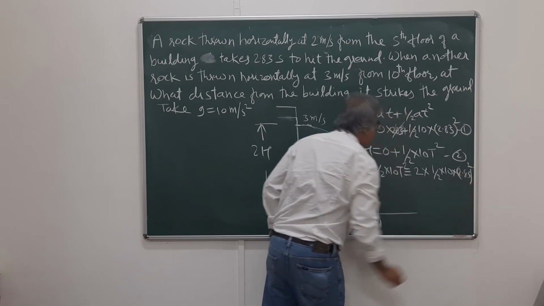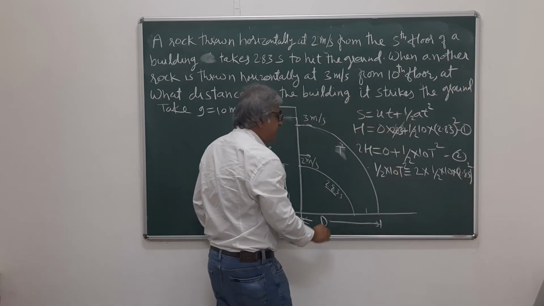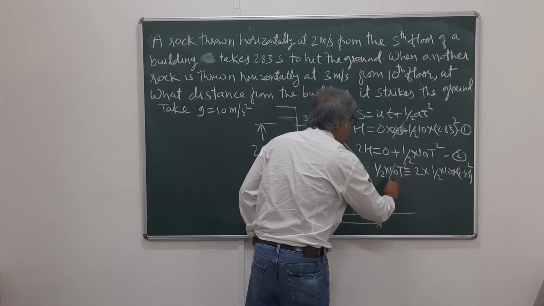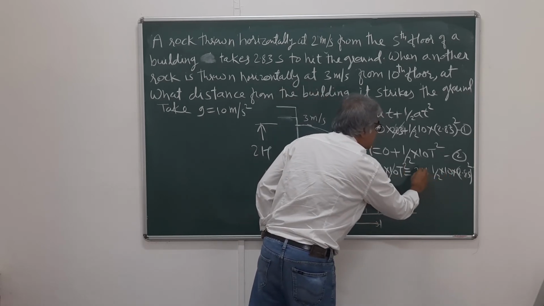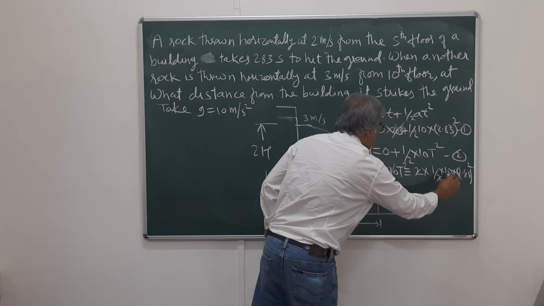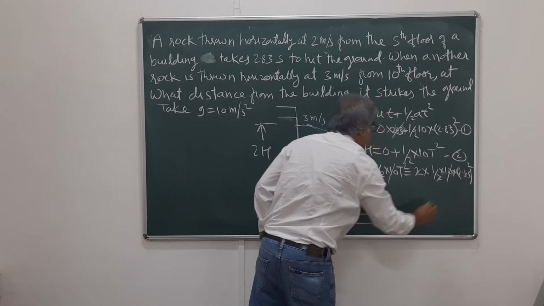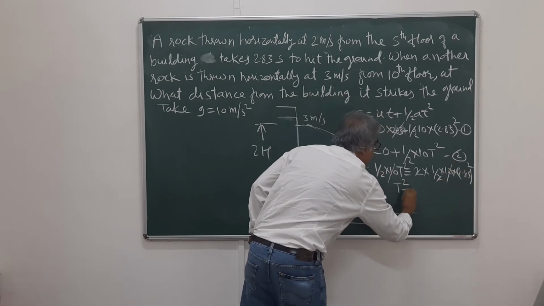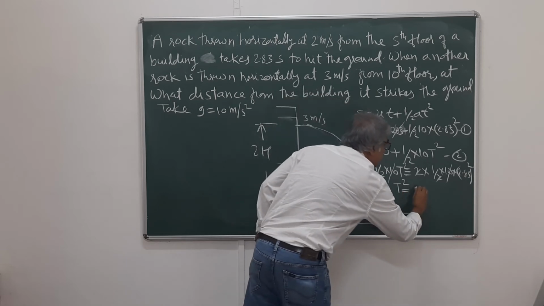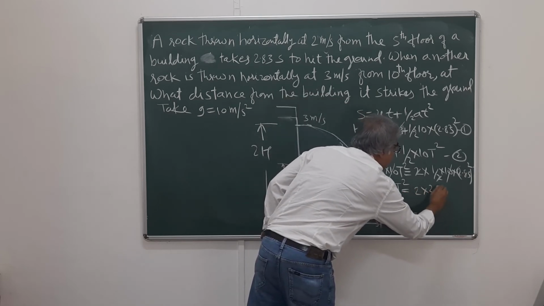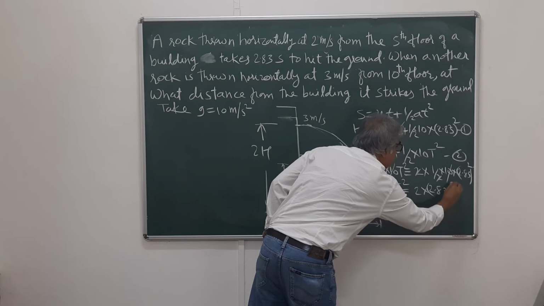2.83 square. Okay, so here we can see that 10 goes out, so you get T square is equal to 2 into 2.83 whole square.